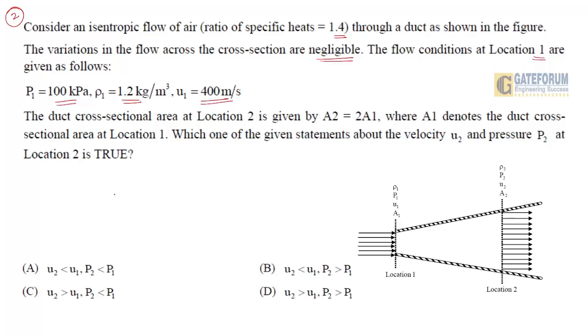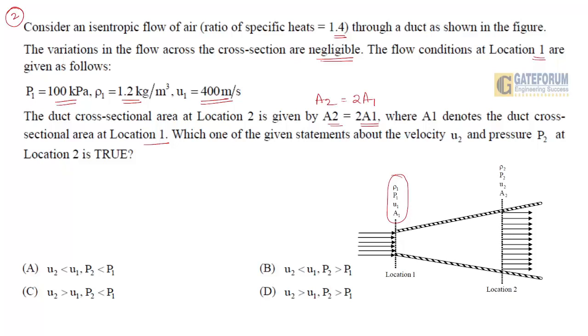The duct at the cross section of location 2 has A2 equal to 2 times A1, where A1 denotes the duct cross section at location 1. Which statement about the velocity U2 and pressure P2 at location 2 is true?